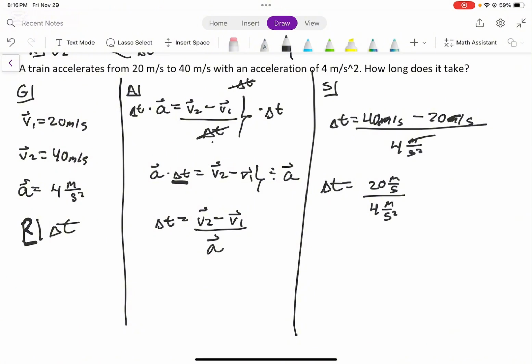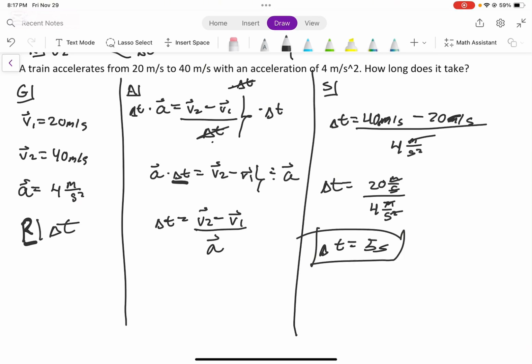Because they're both on the bottom, the seconds will cancel out like that, and then the meters will cancel out, and you're left with seconds. And in this case, you have your final answer, is just going to be 5. So delta t is equal to 5 seconds.